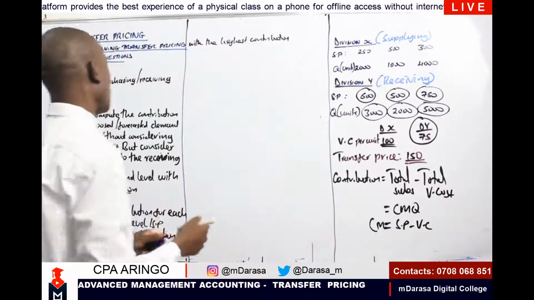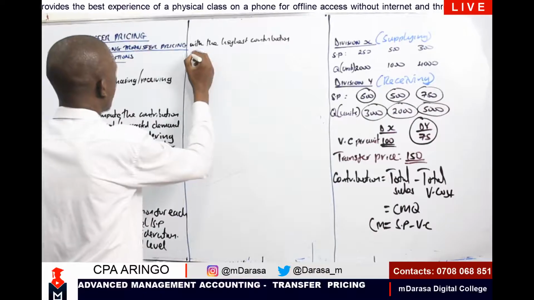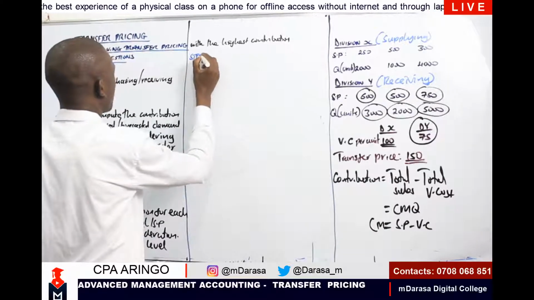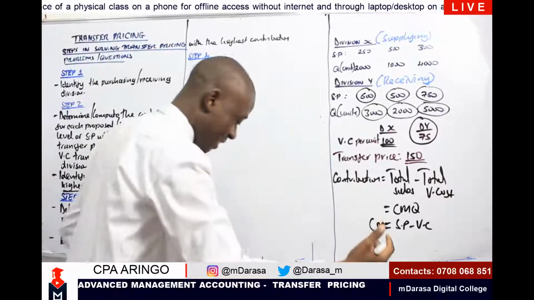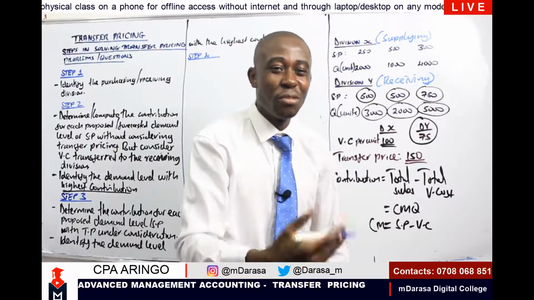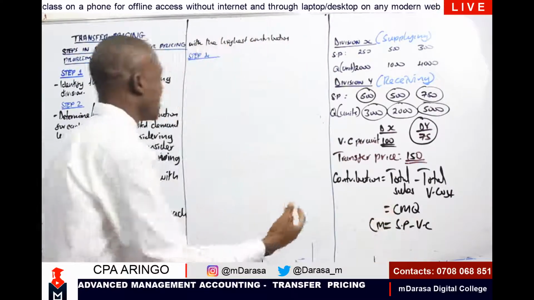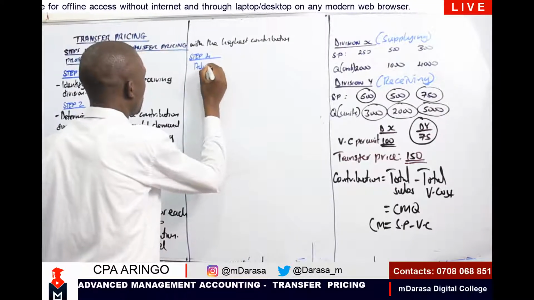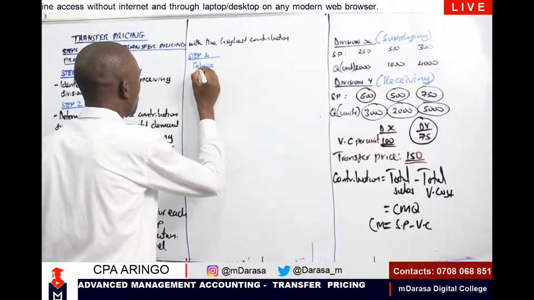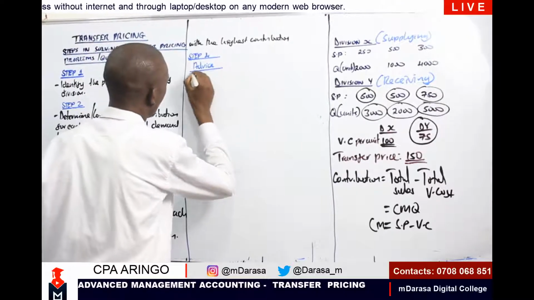Now that should take us to our last step, step number 4: to advise the company. And we can advise the company based on these facts.